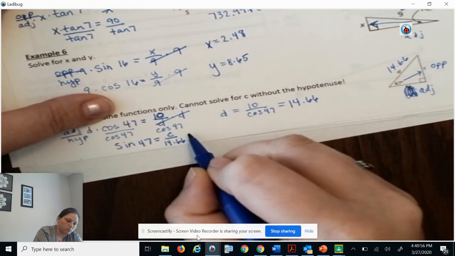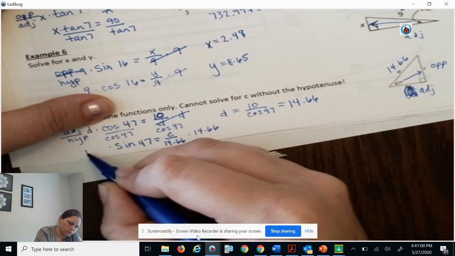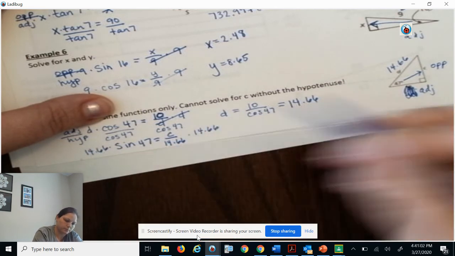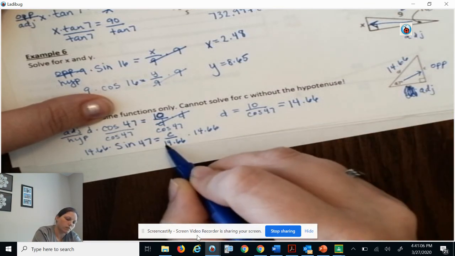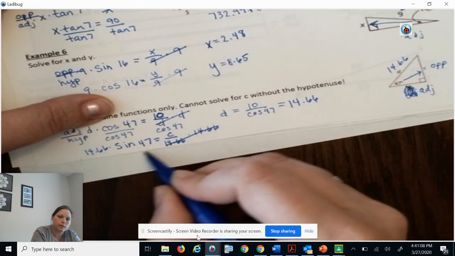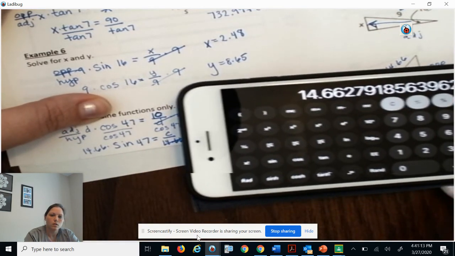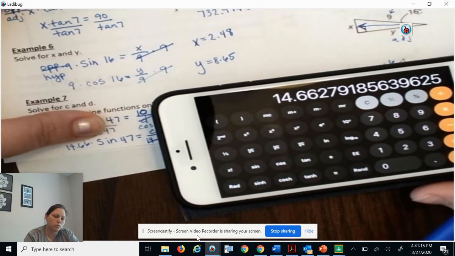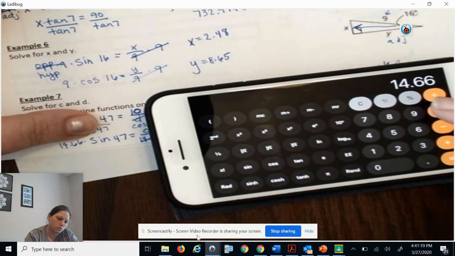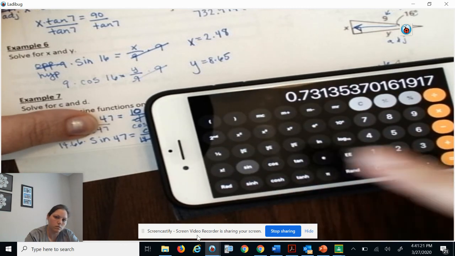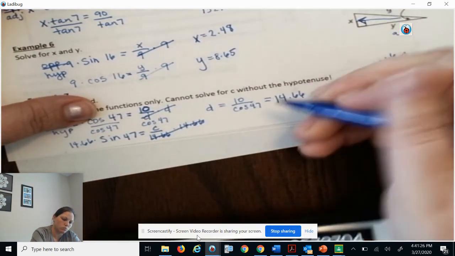So we cancel our fraction by multiplying that 14.66. And then we can type that in the calculator. 10.72.